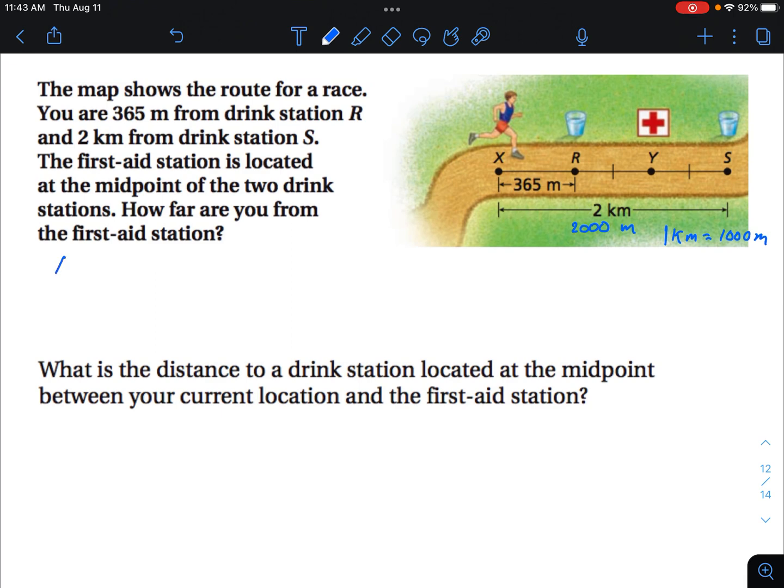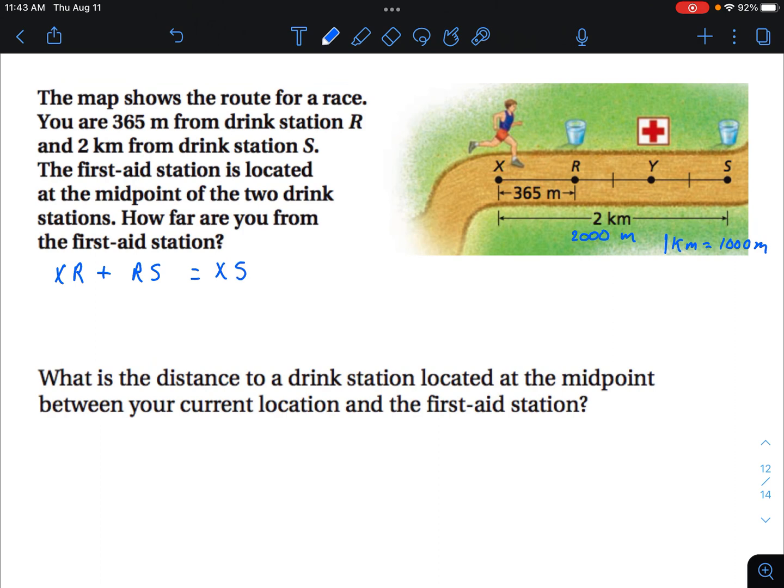First off, if I do XR plus segment RS, that should equal segment XS. Now, they already told us what XR was. It was 365. RS, we don't know, so for right now, I'm just going to leave that as RS. And XS, I know, is 2,000 meters. And if we subtract 365 from 2,000, we get 1,635.